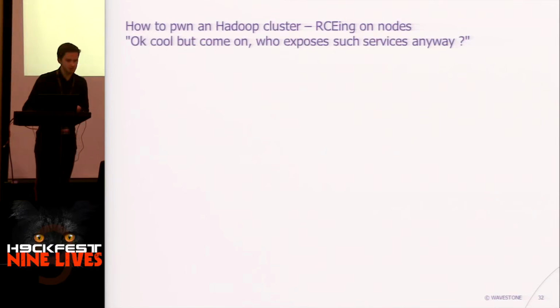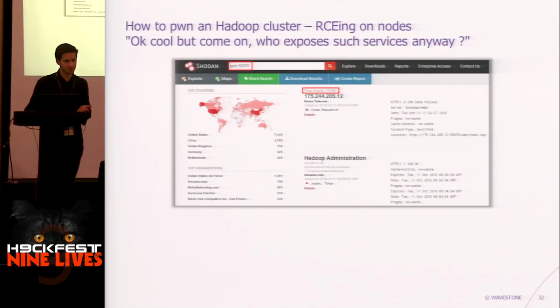You can say, okay, that's cool, but come on, who exposes such services anyway? Because as I showed you, you have to see some specific services, and you may be doubtful, saying everyone is doing network segregation and I won't find any internet cluster based on Hadoop. That's false. If you use Shodan, just look at the results. With that simple port, the web UI I showed you just before, you can find a lot of stuff.